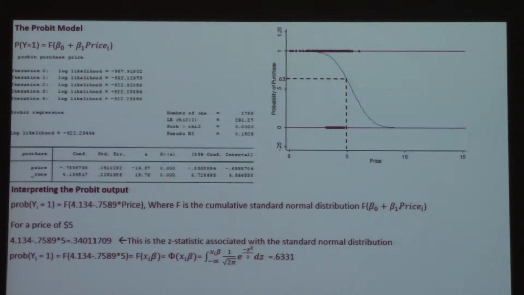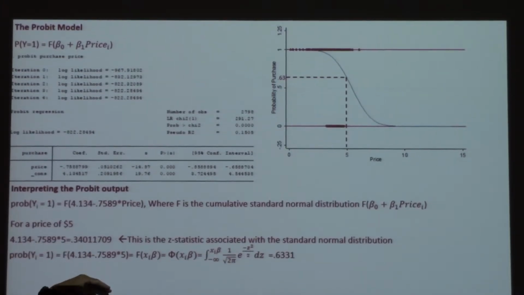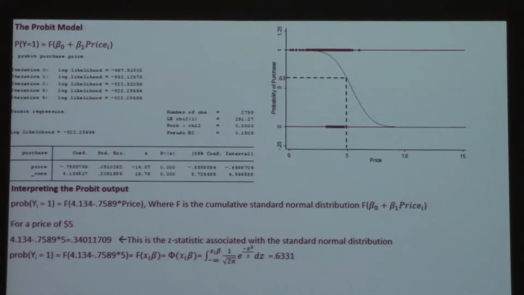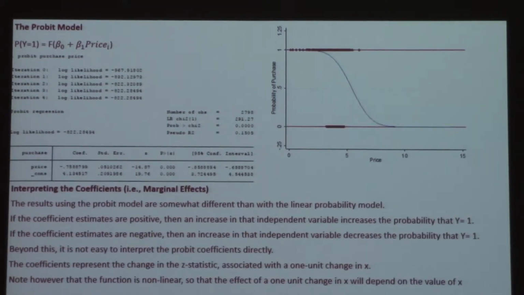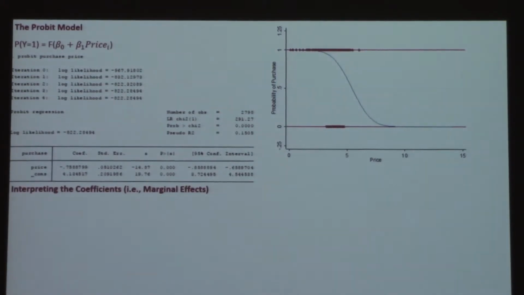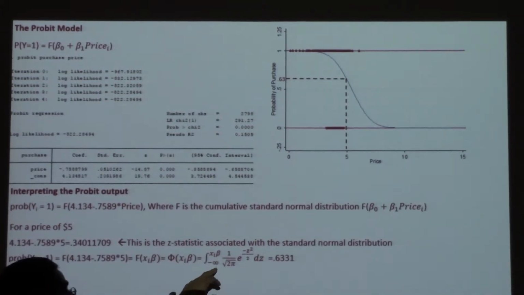Stata is going to do that for us. So we're going to get the z-statistic, Stata is going to convert that to a probability, and we'll be happy. We don't want to do any of this stuff, we don't want to take that integral.